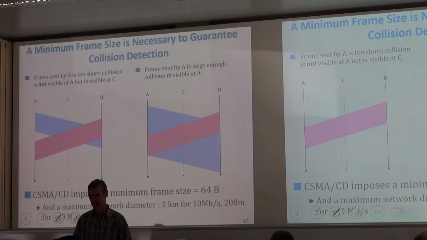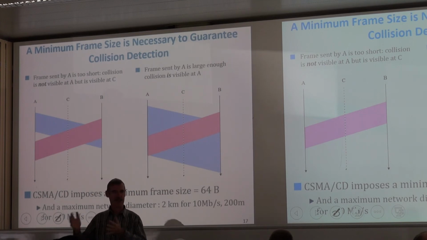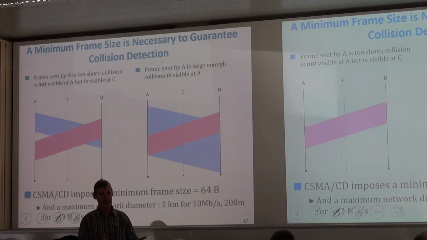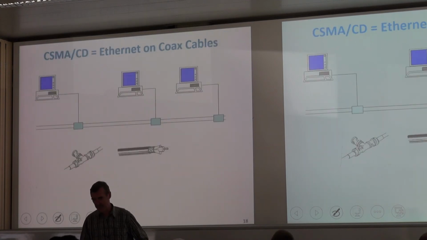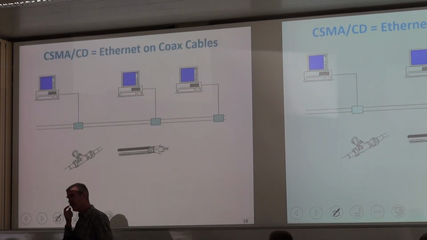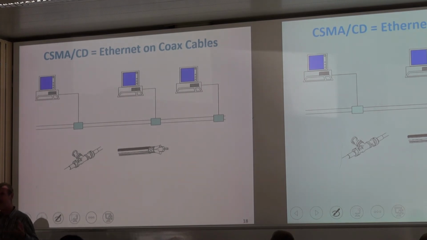So this is why we have all those weird things in CSMA/CD, maximum cable length, minimum packet size. That's due to the protocol itself. Now CSMA/CD is a synonym of Ethernet, or at least one of the many variants of Ethernet.